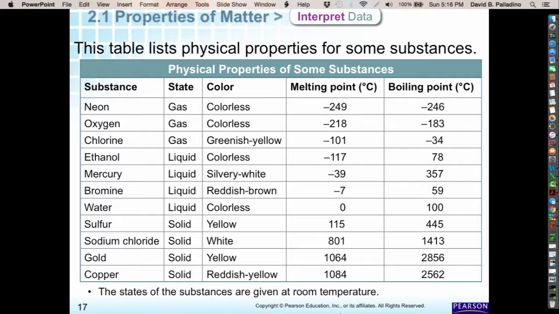So if we saw a table of melting points and boiling points, and I didn't tell you what state of matter it was, and asked you what state of matter this is at room temperature, you would have to know what room temperature was. About 20 degrees Celsius to maybe 25 degrees Celsius is room temperature. Now, if it's a little colder, like when the air conditioners are really cranking in here, then it might be a little lower than 20 degrees.